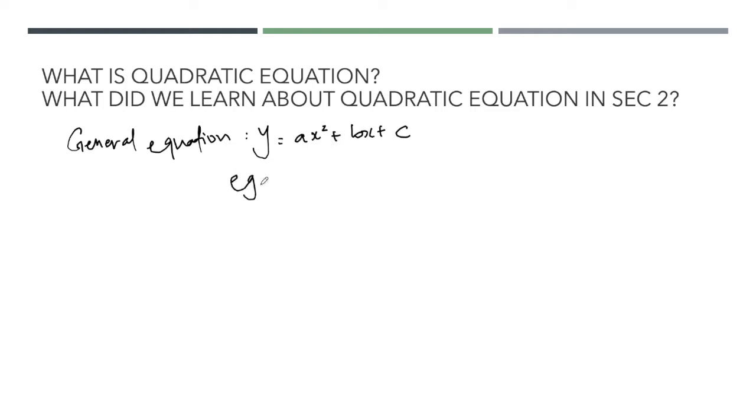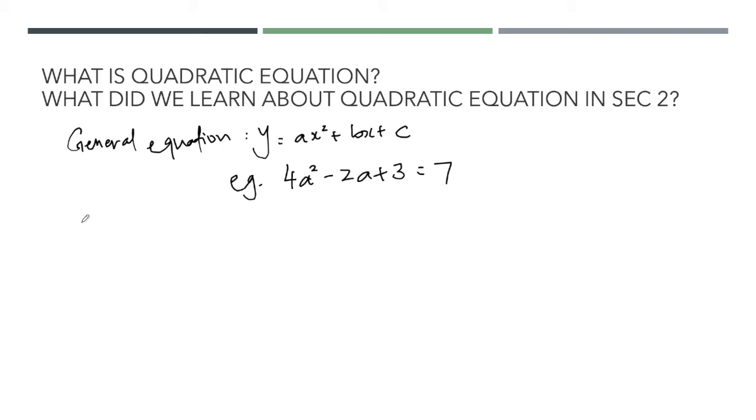For example, if you have something like 4a squared minus 2a plus 3 equals 7, this itself is a quadratic equation because the highest power here is a squared, of power 2, and there are no other variables other than a. So this will be a quadratic equation.